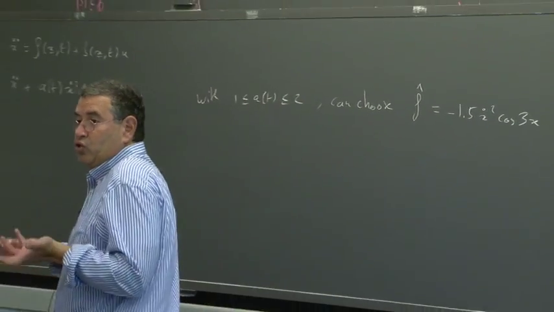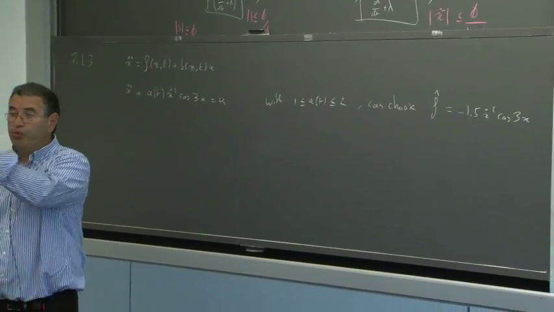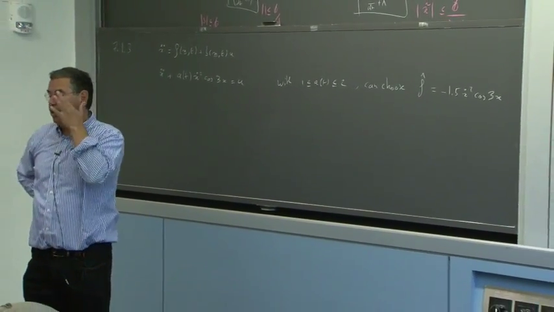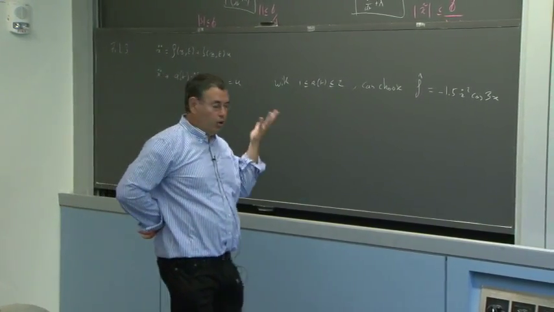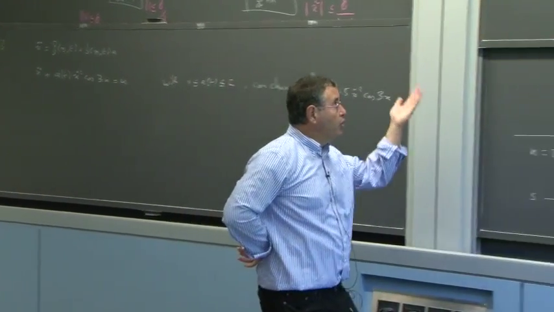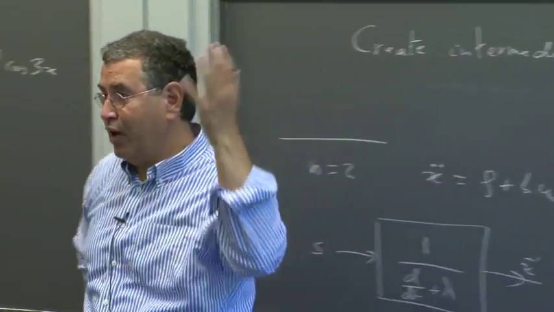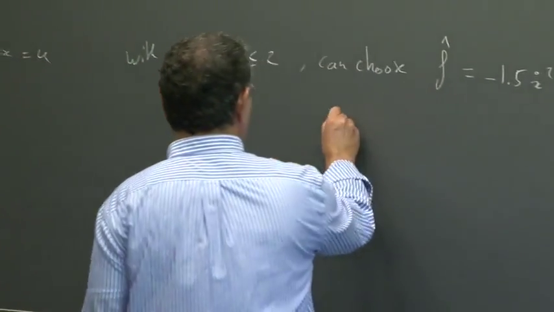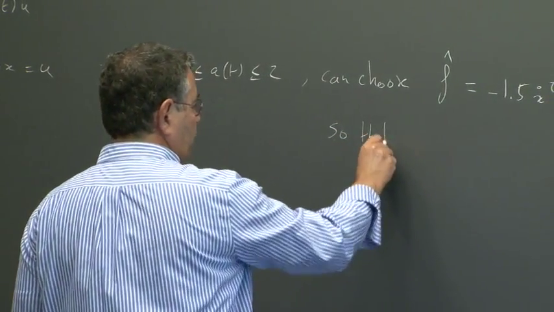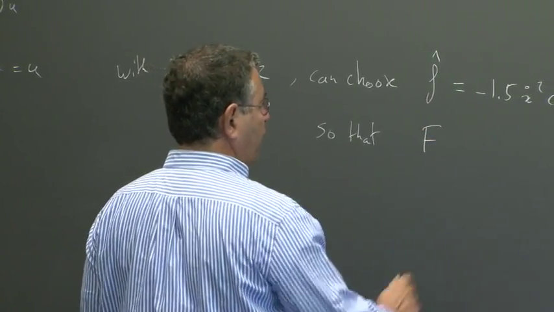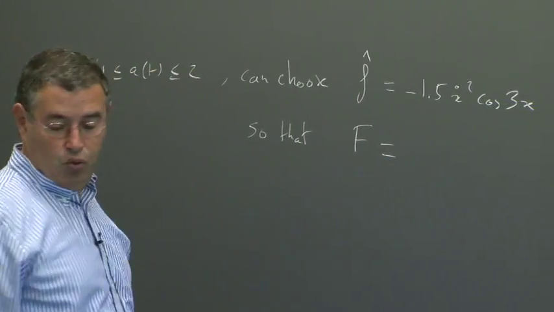Now, once you've chosen f hat, here you've put it just in the middle because you don't know a. Once you've chosen f hat, of course, you can compute capital F. You have no choice of capital F now, or at least you have no choice of your best estimate of capital F. So what's that?